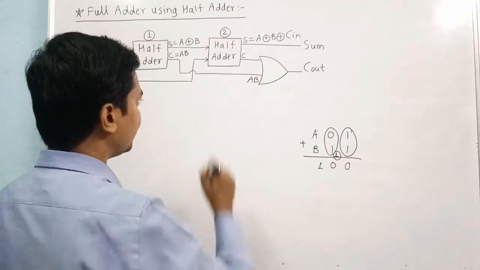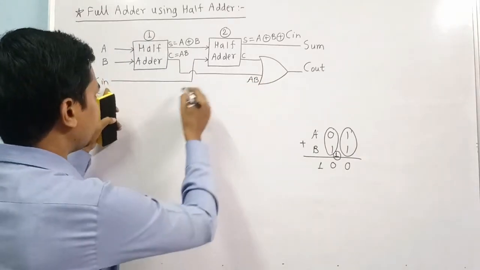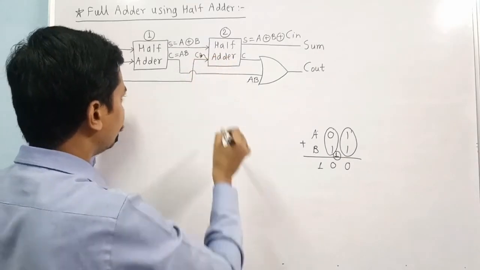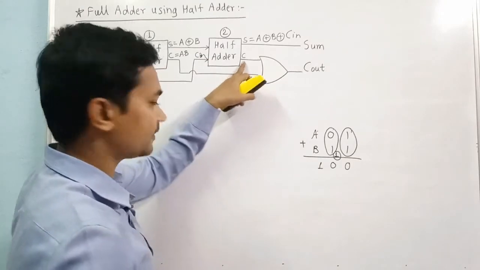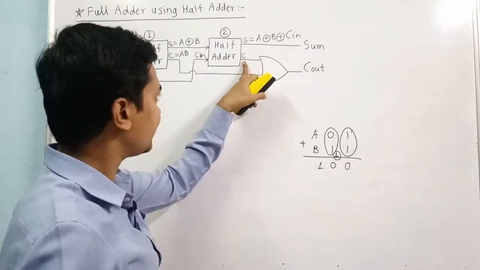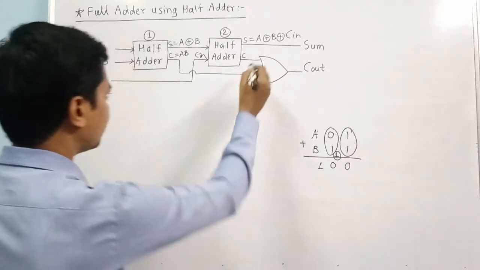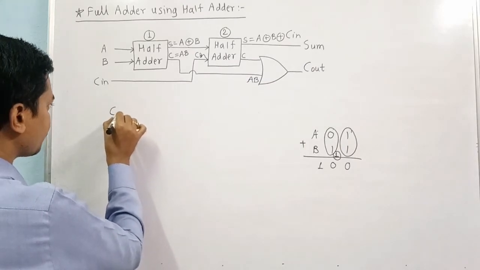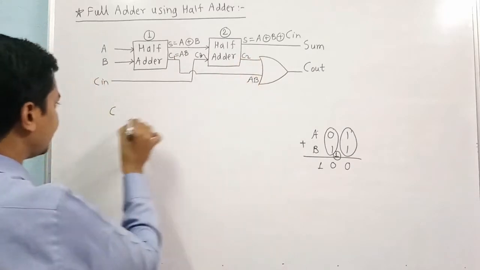Now this C in is given directly to the half adder. What is available at the carry out of the second half adder? I will write C1 and C2 so that you can easily understand.